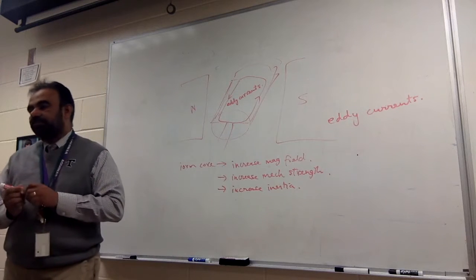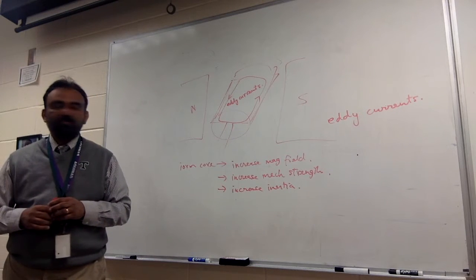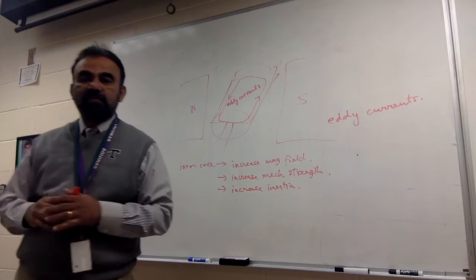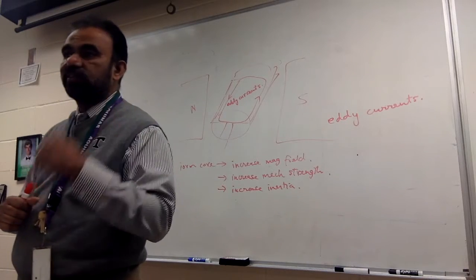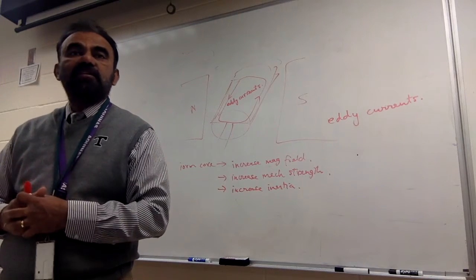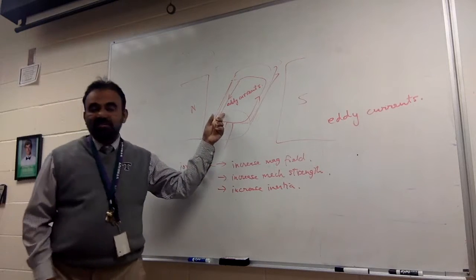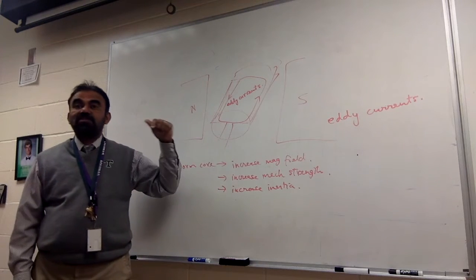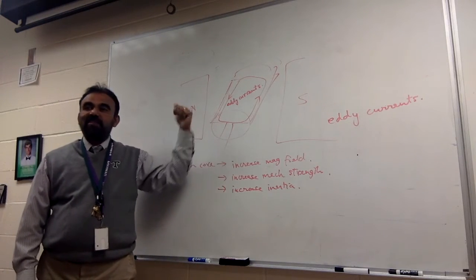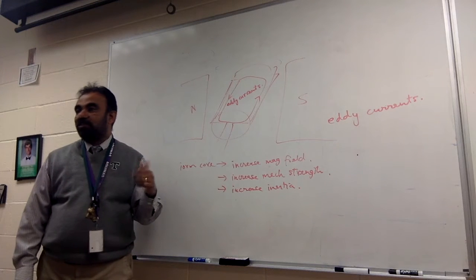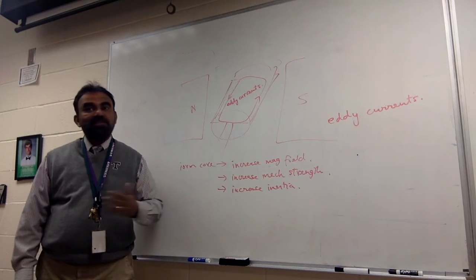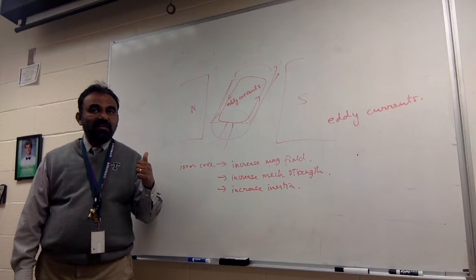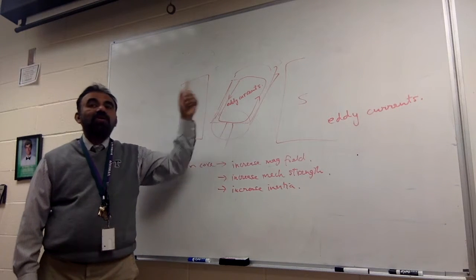Eddy currents are really bad in this particular generator. Why is it bad? Because the eddy currents are very strong short circuit currents flowing in the core, and because it's a kind of short circuited current, the current is going to be high, and that will produce a strong opposition.